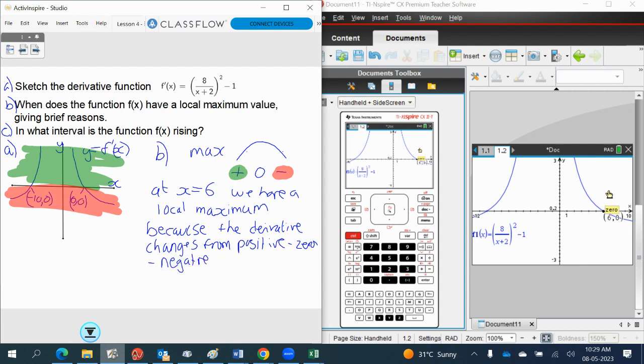That's it. So we simply look at a derivative and see where it goes positive, 0, negative, and say there's a maximum there. Where it goes negative, 0, positive, there's a minimum there.